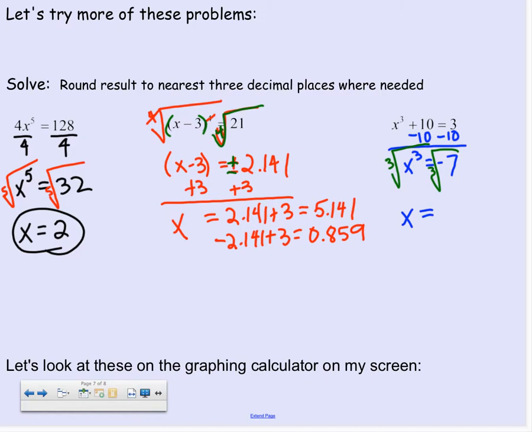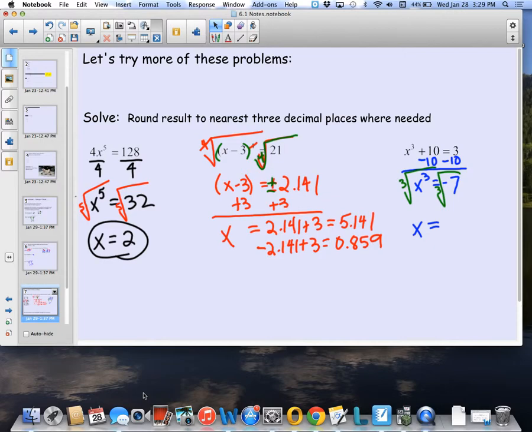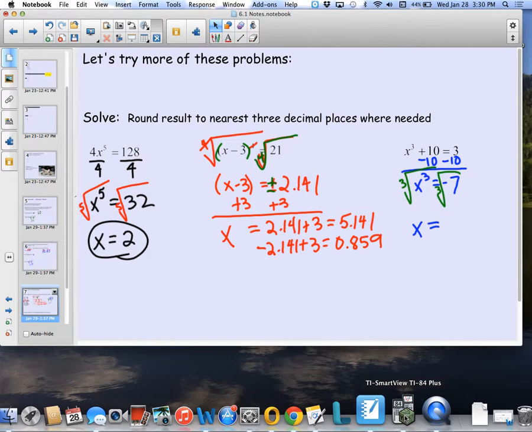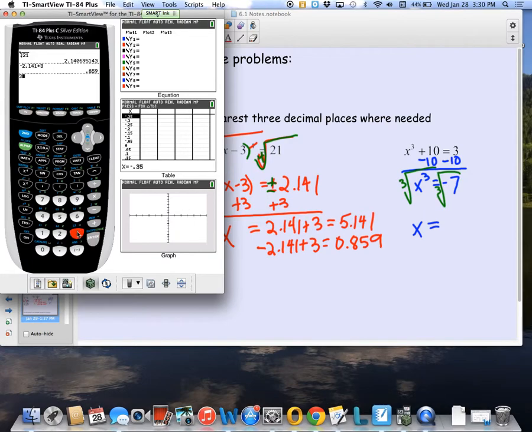Even though this is not one we have memorized, it's not one on our chart, we can take the cube root of negative 7. So let's go back to the calculator and remind ourselves how to do this. I want to cube root negative 7. So I enter 3, and then I go under the math menu and make a cube root, and I cube root negative 7.